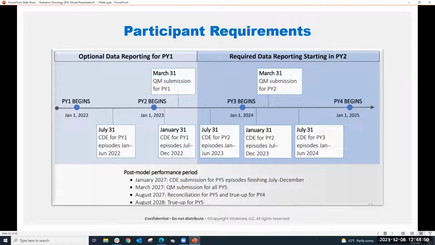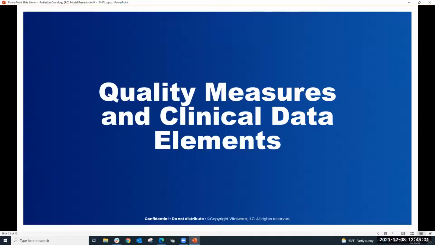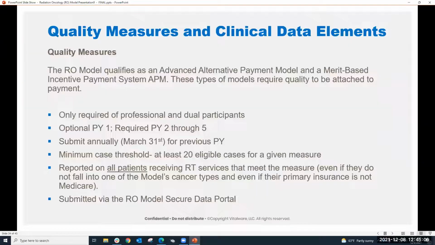So everything that you bill after October 3rd, 2026 would have to be billed with fee-for-service because they want to make sure that it's all completed by December 31st.